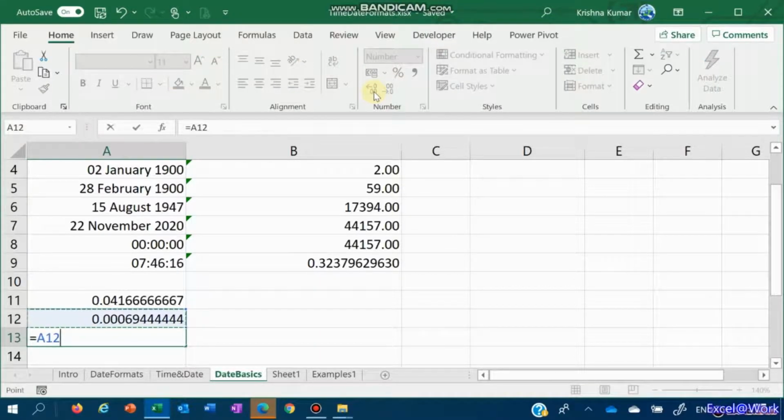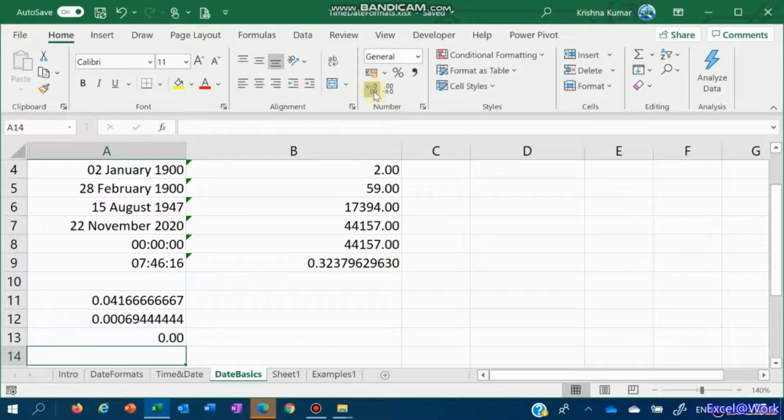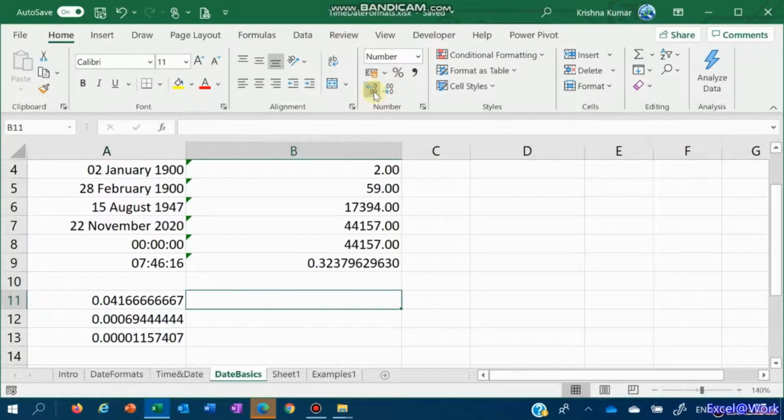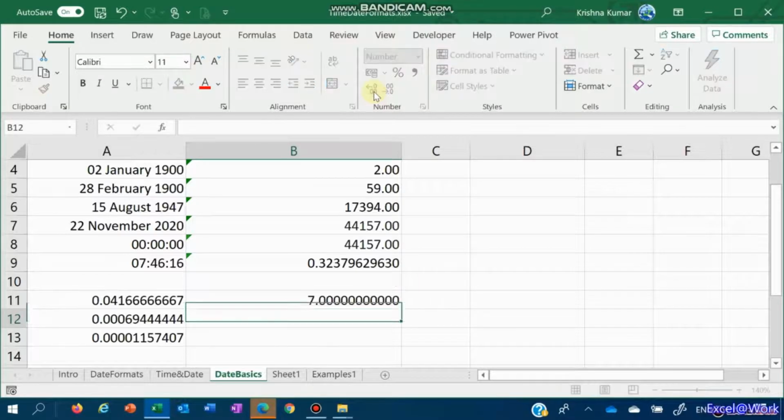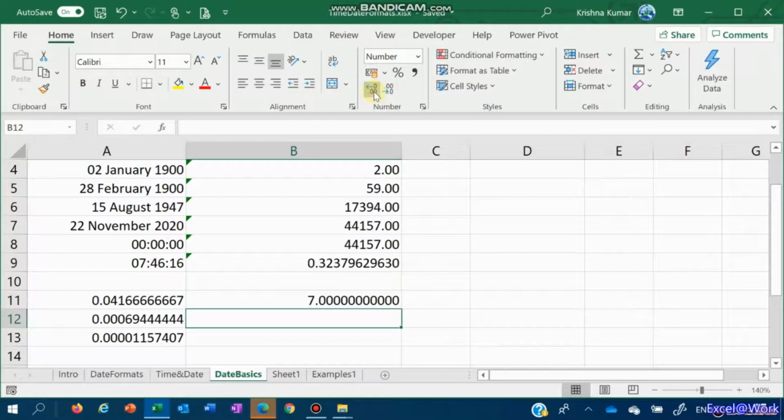Same with seconds, divide by 60 gives me the time in terms of seconds. Now I'll put 7 hours 46 minutes and 16 seconds.